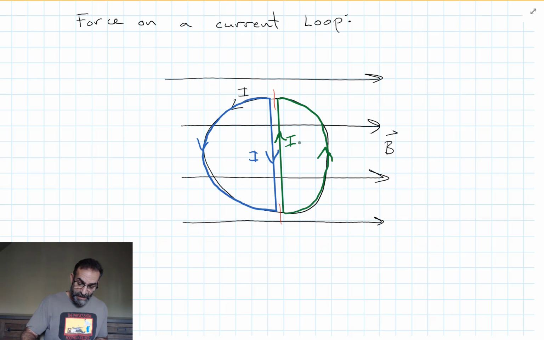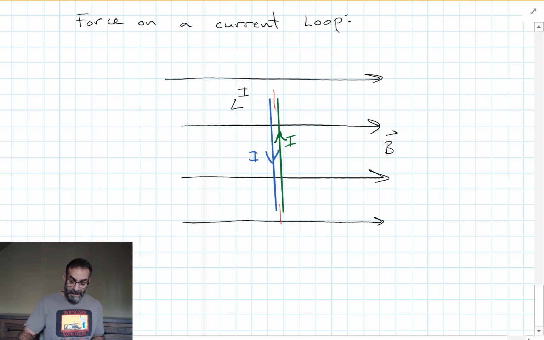And now I think you can see that those two wires, one carrying a current up, the other carrying a current down, they're the same length, they're parallel to each other. Whatever force acts on one, the other one has to have an equal and opposite force acting on it.